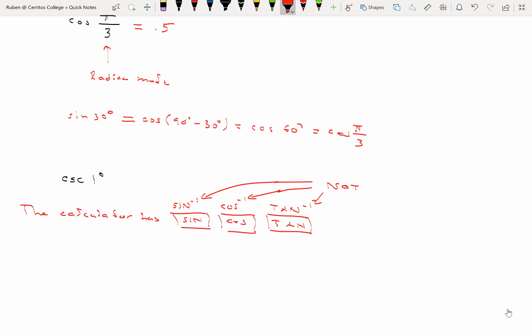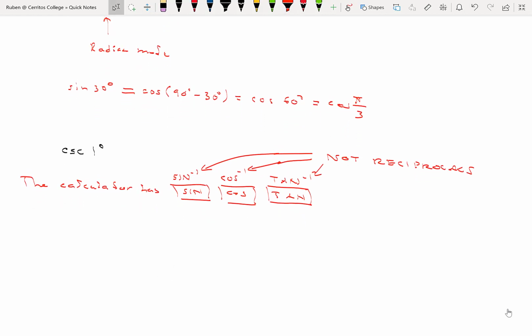It's for something later. So it's not 1 over sine. But if it were 1 over sine, then that would be cosecant. So the calculator doesn't give you access to the cosecant, which is 1 over sine, secant, and cotangent. So what do?